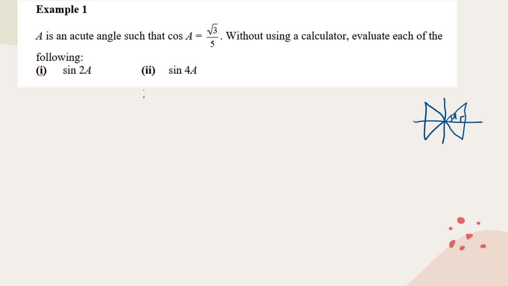Alright, so if A is an acute angle, then which quadrant do you think A can be found in? Yes, it's between 0 and 90, so it can be found in the first quadrant. So we will draw a right angle triangle in the first quadrant.